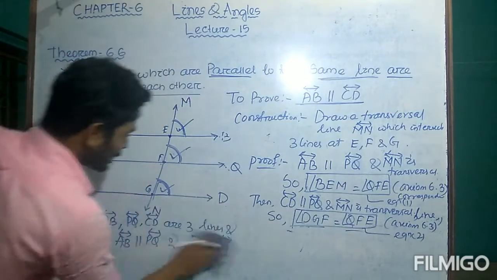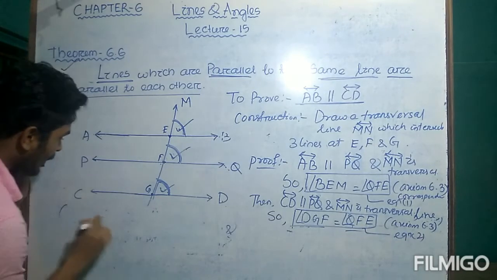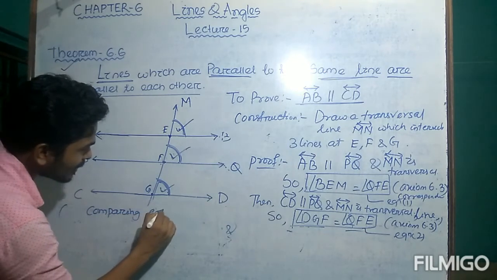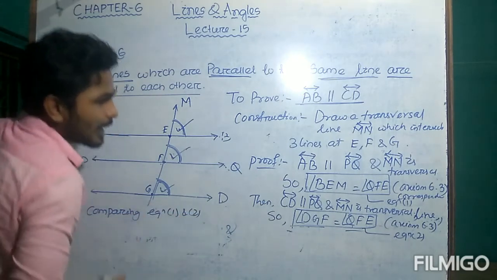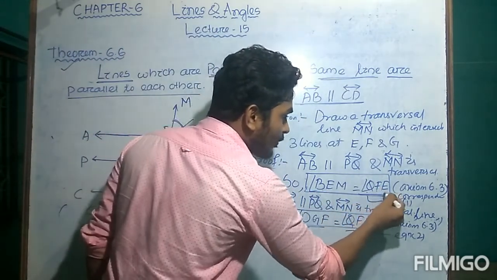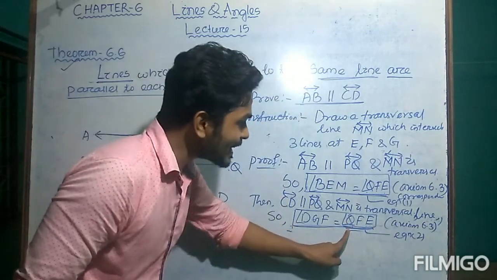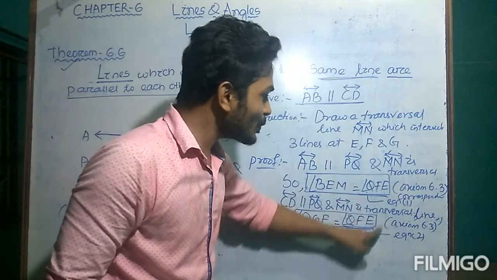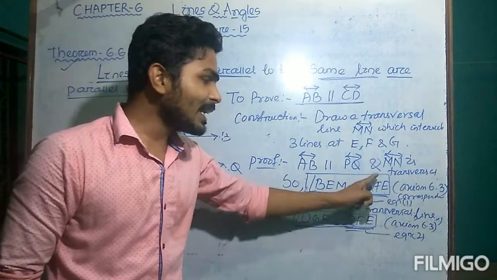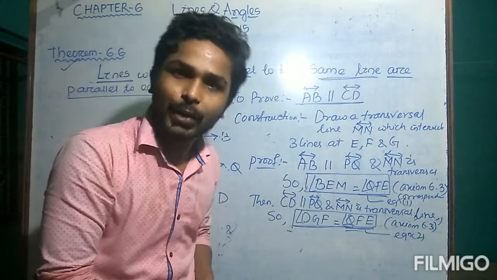Now the next thing, we have to compare these two equations. So I am writing here, comparing equation 1 and 2. As you can see, in equation 1, the right hand side contains the angle QFE, and in equation 2, the right hand side contains the same angle QFE. So in both the equations, the right hand sides are equal. As you know, if in any two equations one side is equal, then the other side must be equal.